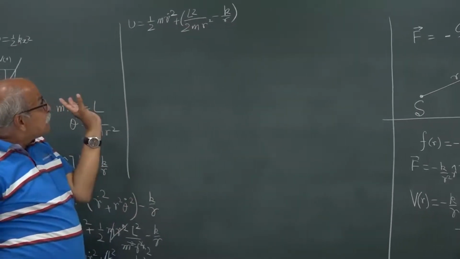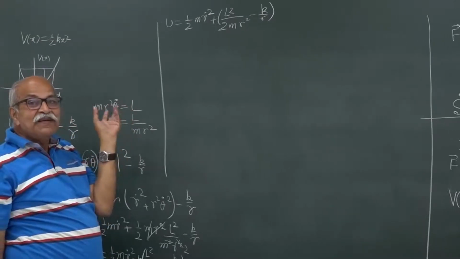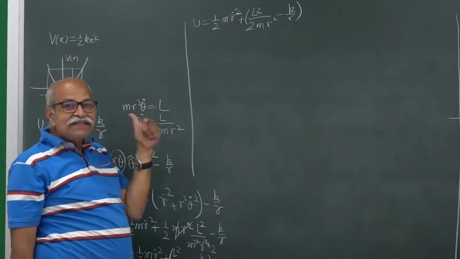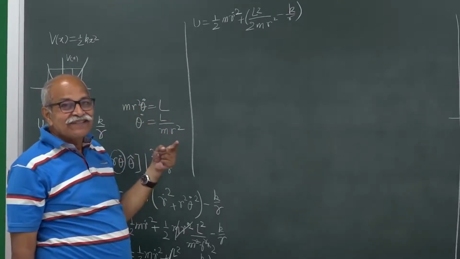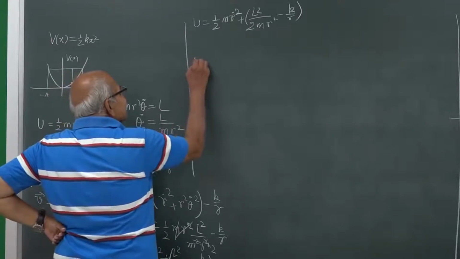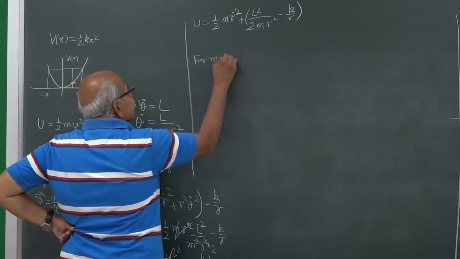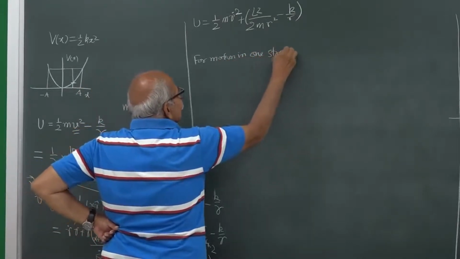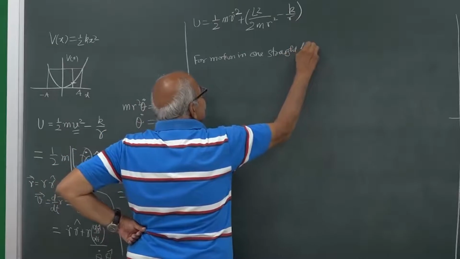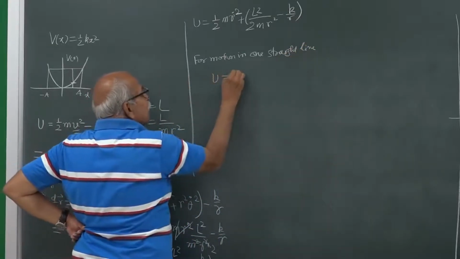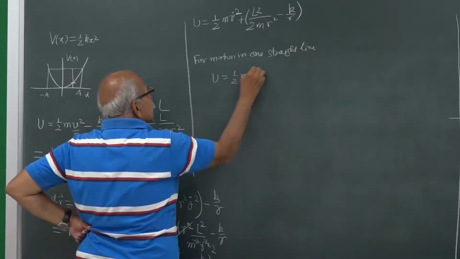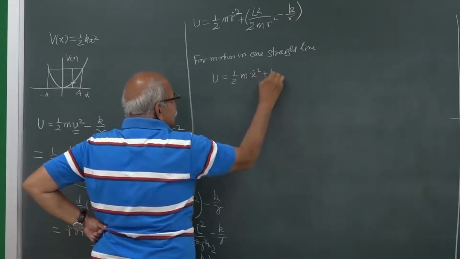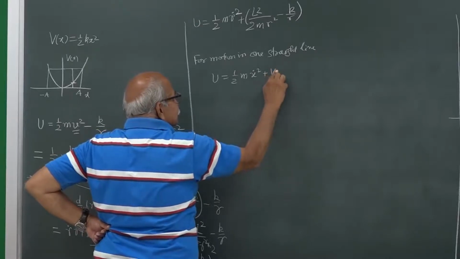Now, I have only one variable r, not x and y. So, it resembles motion in one straight line. There we had, for motion in one straight line, U is equal to half m x dot square, plus potential V of x.